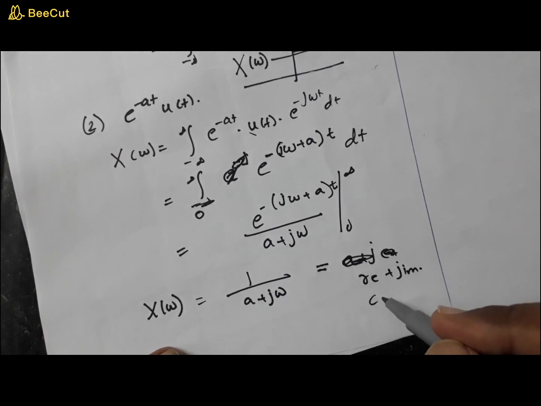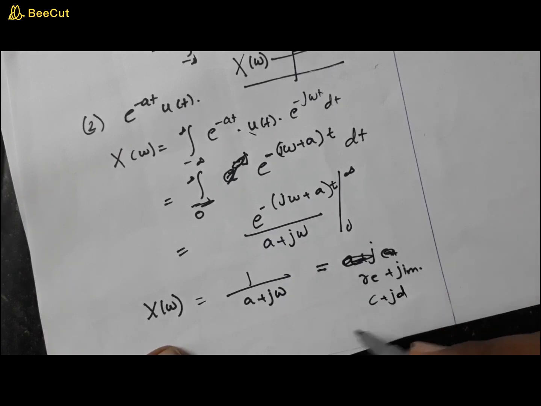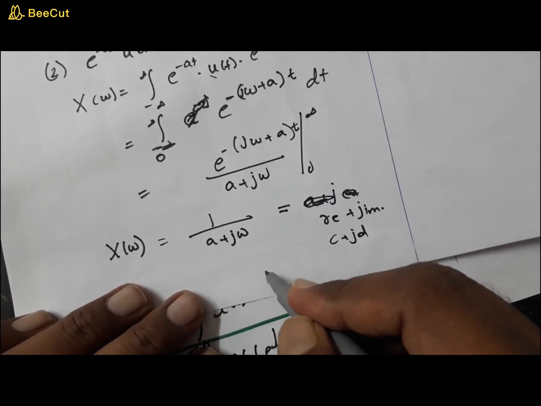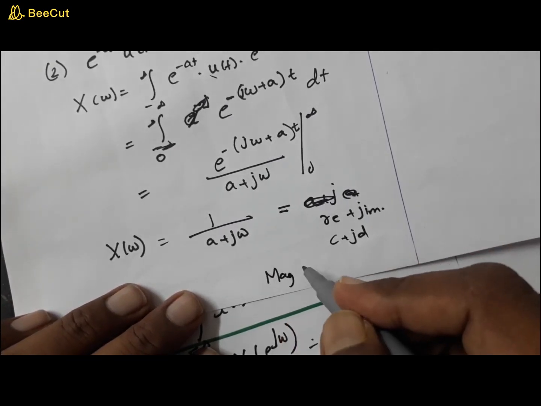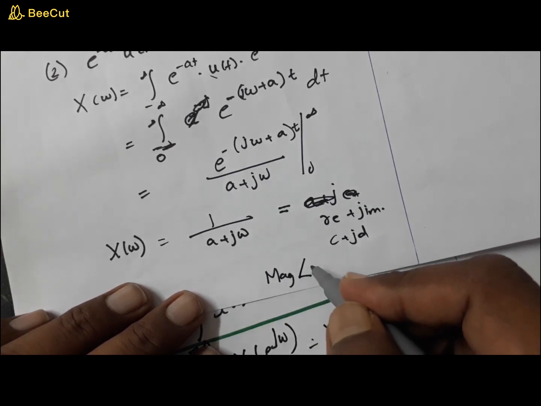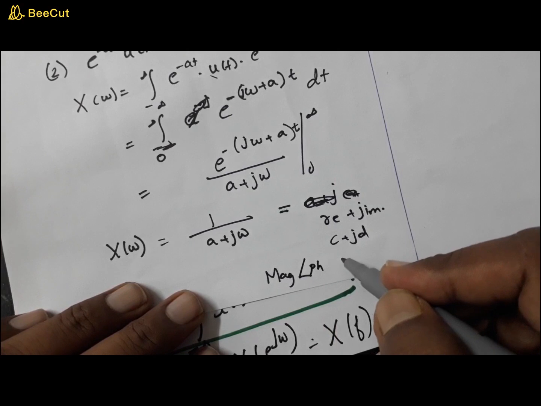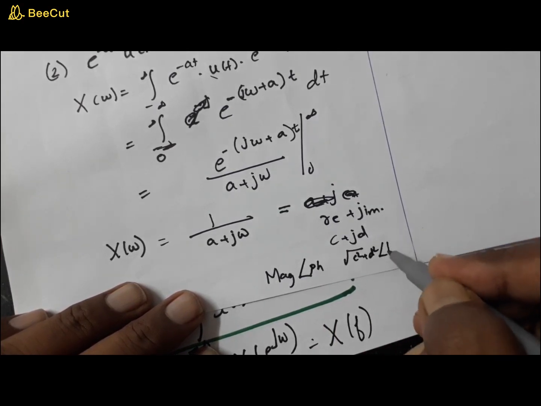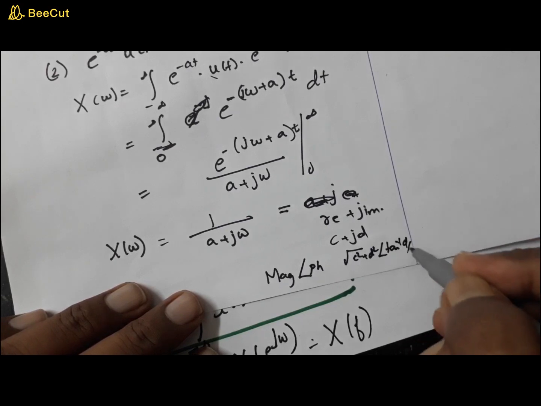Now if a quantity is complex, say c plus jd, then this complex number can be represented in the magnitude angle form or polar form, that is magnitude and phase. What is the magnitude? Magnitude is root of c square plus d square, angle is tan inverse d by c.